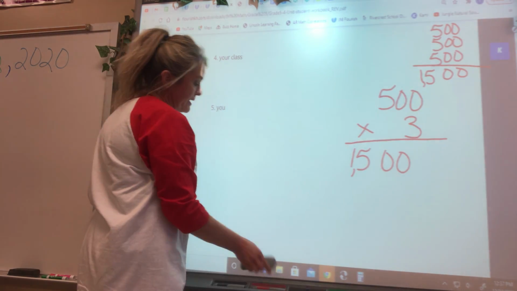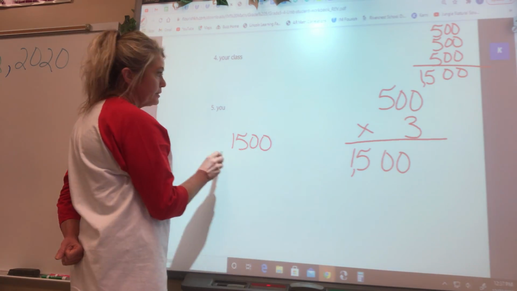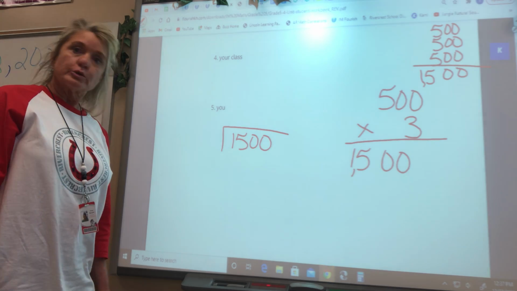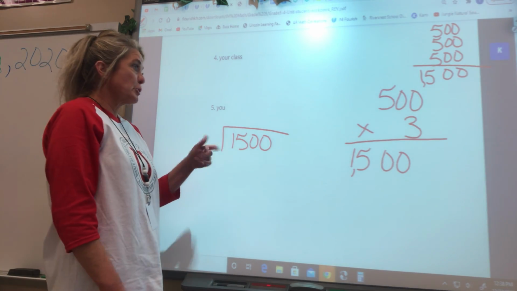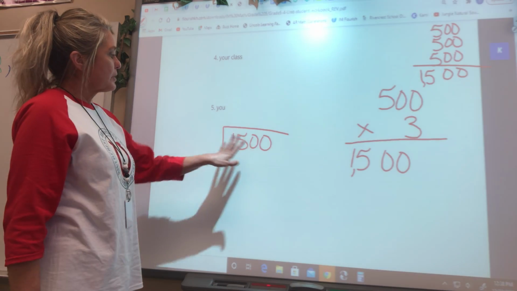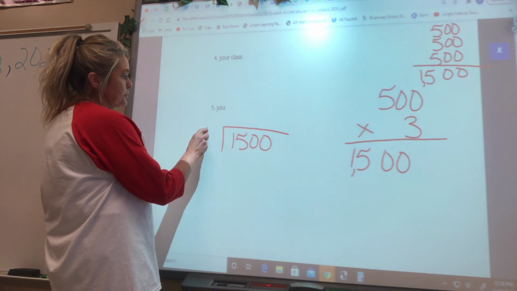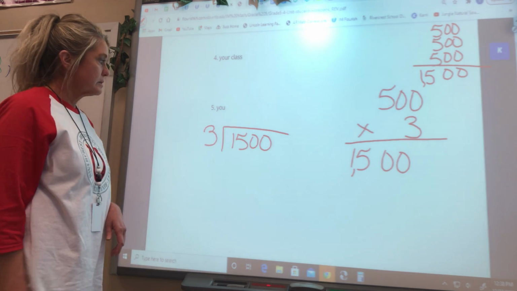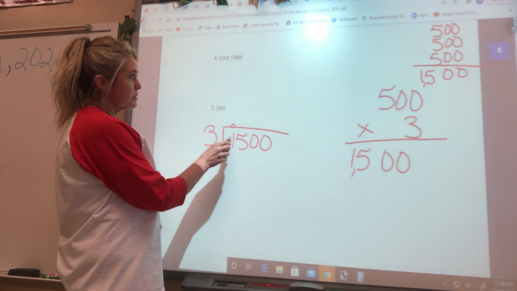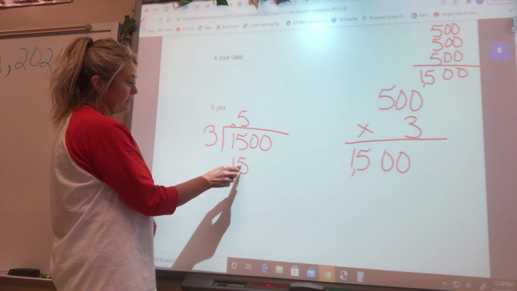And then if we looked at that in reverse, if I said you had 1,500 cubic inches, sounds weird measuring milk in inches. I don't know why they did that in the book, because we usually measure our liquids in ounces. But we're measuring in inches. If I could do 1,500 cubic inches, and that was split between 3 classes, 3 would go into 1 no time, so placeholder 0. 3 goes into 1,500 5 times. 5 times 3 is 15.